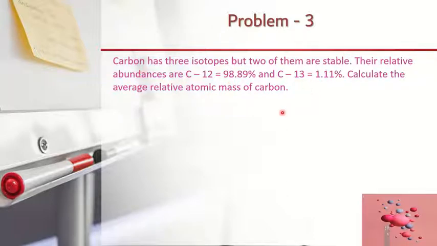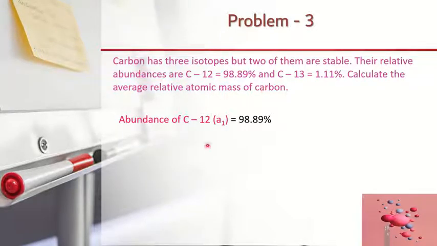The abundance of the carbon 12 isotope is more. So here the relative atomic mass comes near to 12, but the abundances of chlorine 35 and chlorine 37 are 75 and 25. So it comes 35.5. We will see this also.